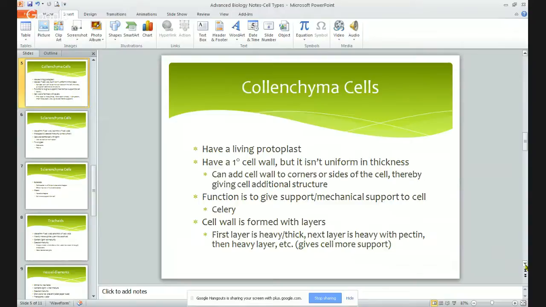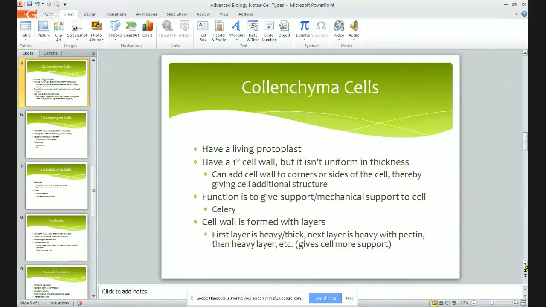Think of celery. Most of the celery is going to be made up of parenchyma cells. But you know when you bite into celery and you have to bite through those ribs, those long, really thin tubes that are located on the outside end there, those are collenchyma cells or collenchyma tissue.